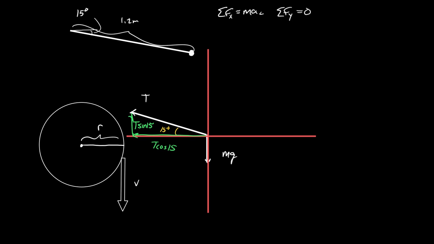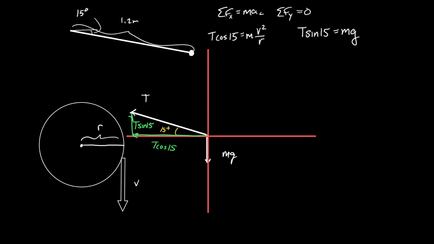That all good for you guys? So in the y direction, I get T sine 15 equals mg. And in the x direction, I have T cosine 15 equals mv squared over r. Any question about that?